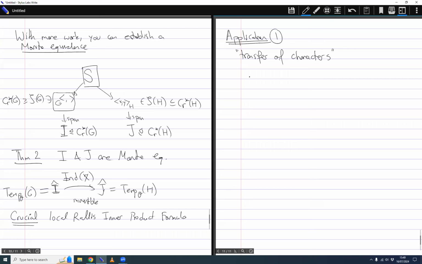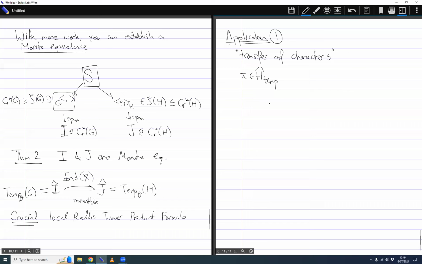So, okay, what am I talking about? Let's say pi in H is tempered. Take a tempered irreducible representation on one side. Now, the character of a representation of a finite group can be generalized, and you have this for reductive groups: the distributional character of Harish-Chandra.